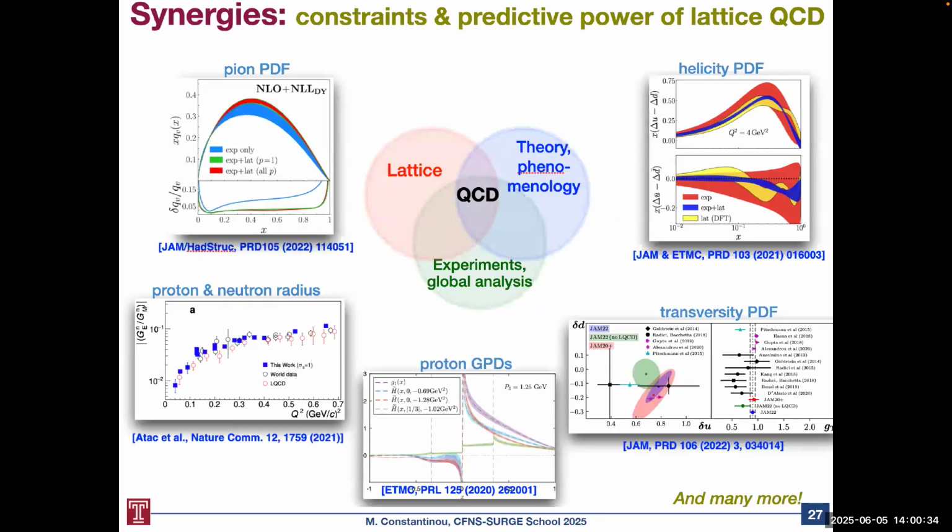And the synergies have begun. I did mention already some of this data have been given to theorists and global analysis. I do have a summary for that. Alexei has been working on transversity, and his group has used some of the lattice data and narrowed down the errors for the tensor charge if you incorporate the lattice and so on.